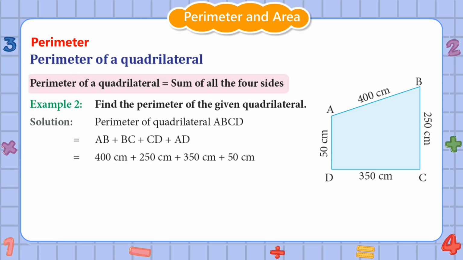It is equal to 400 centimeter plus 250 centimeter plus 350 centimeter plus 50 centimeter, which is equal to 1050 centimeter.